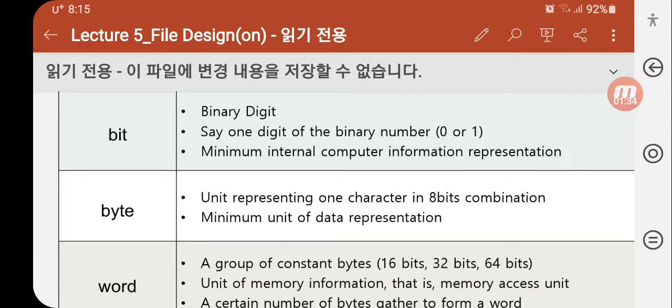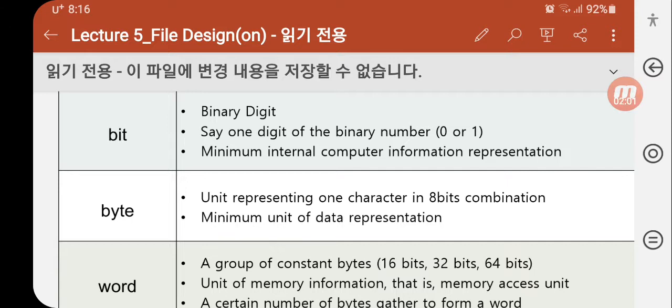In a semiconductor circuit, current flows on and does not flow off state. The switch is on and off, turnover.